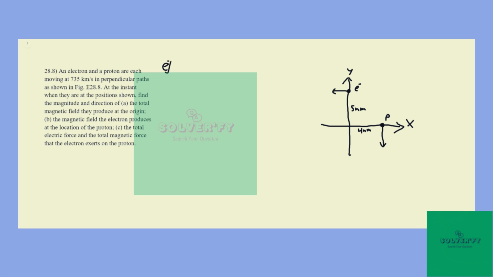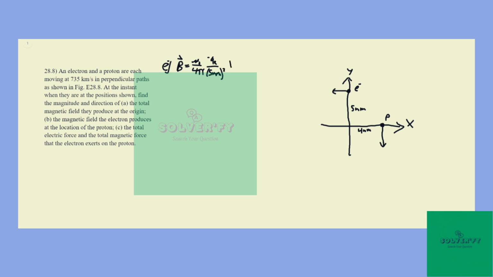We have the magnetic field, and that's going to be due to a moving point charge, so that's going to be mu naught over 4 pi. And then we have Q, the charge of the electron, and I write down as negative. And then we have the distance squared, so that's 5 nanometers squared.